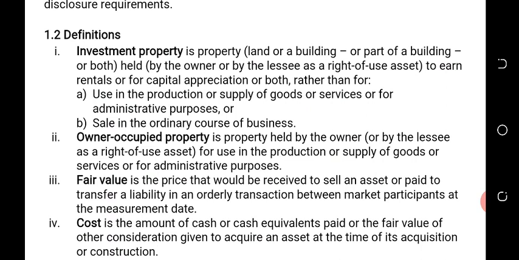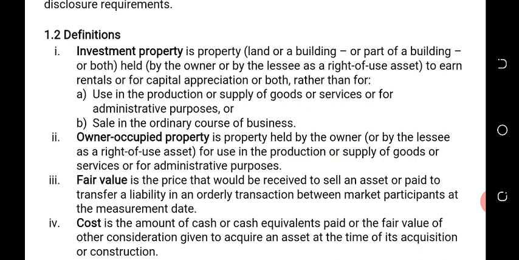Such property, such land or building, is treated in accordance with IAS 40 investment property. Any other property, such as land or building, that is used in production or to supply goods and services, or for administrative purposes, is PPE.